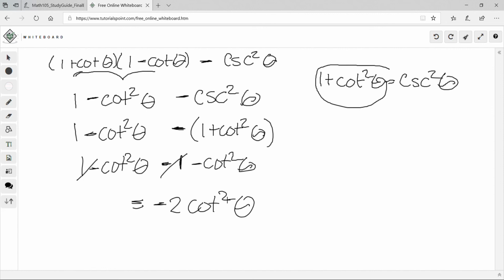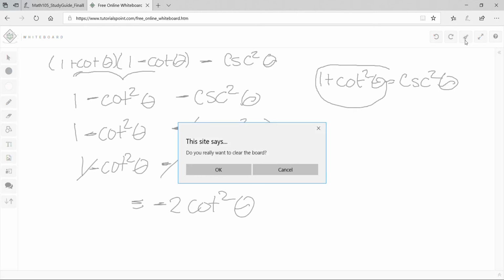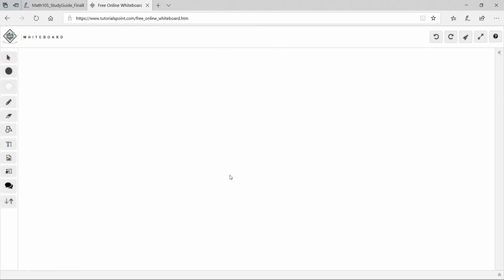Okay, 42. So on 42, you're given 1 minus cosecant square theta minus 1 over cotangent square theta.